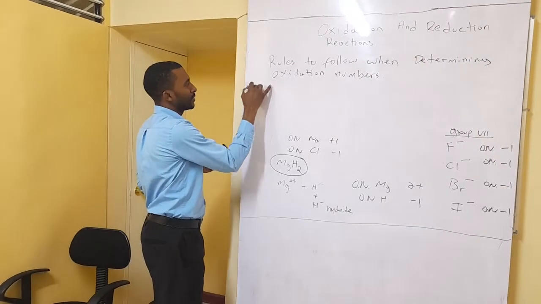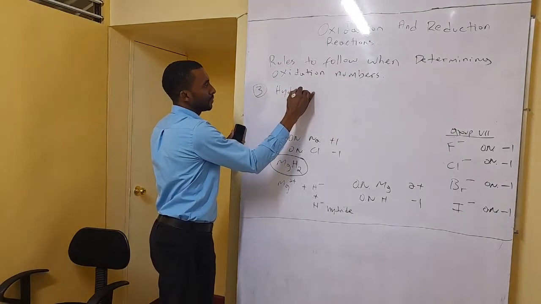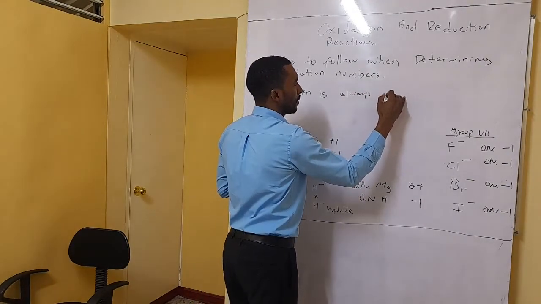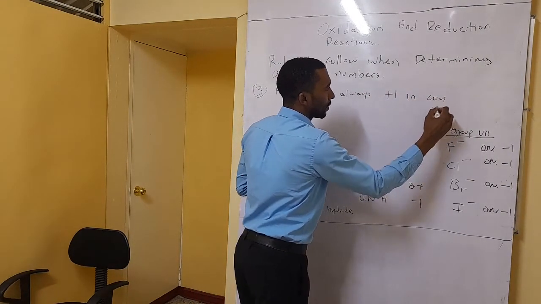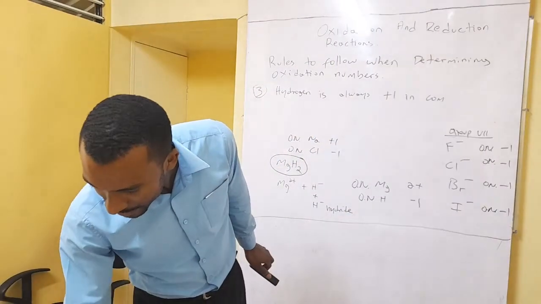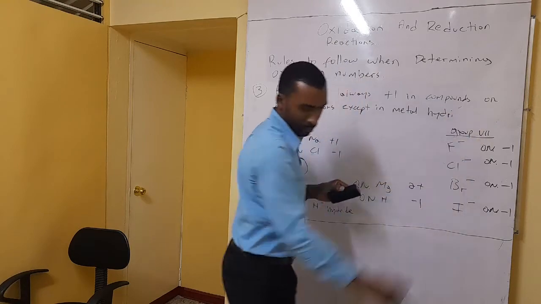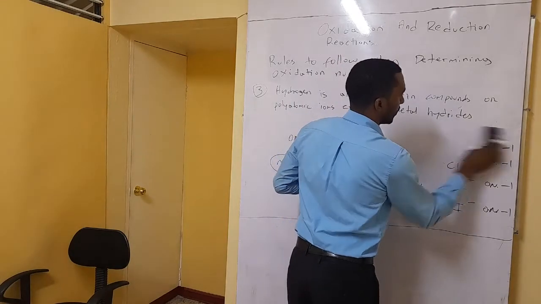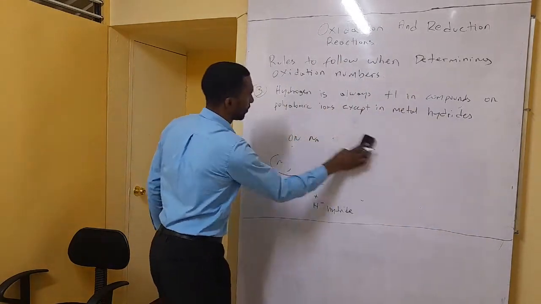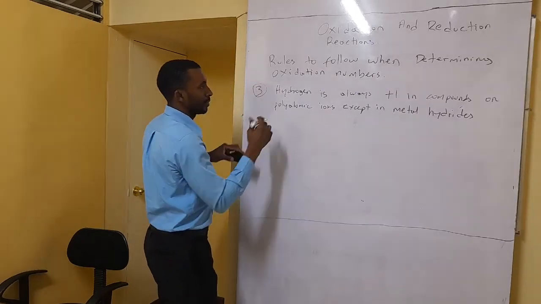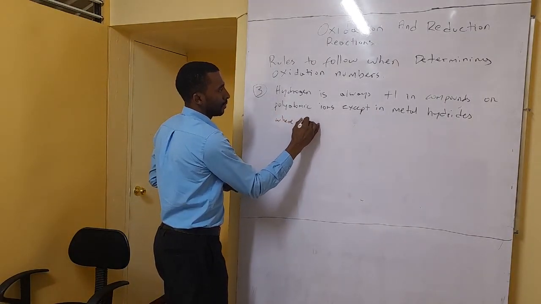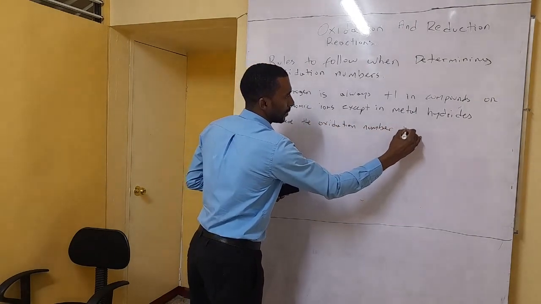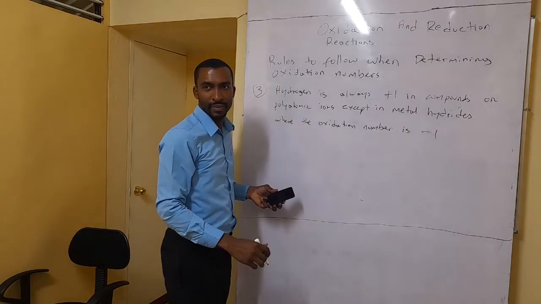So number 3, hydrogen is +1 in compounds except in metal hydrides, where the oxidation number is -1.